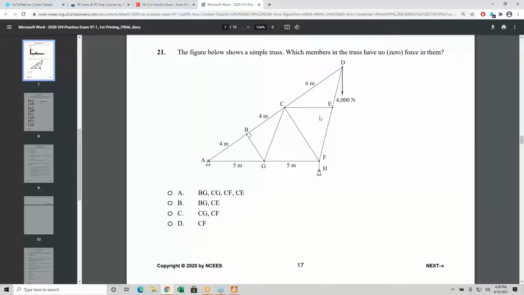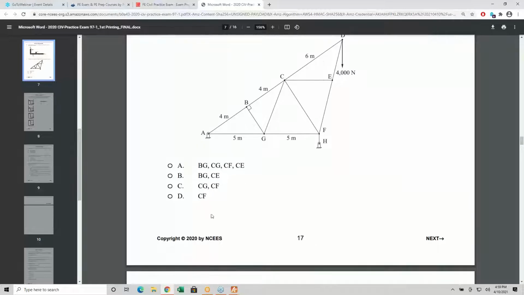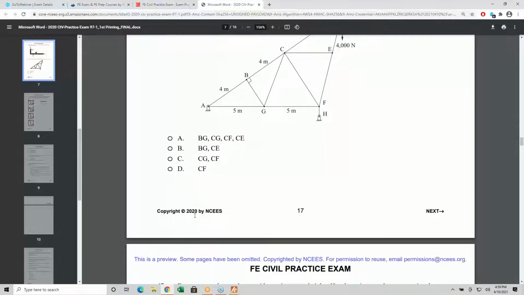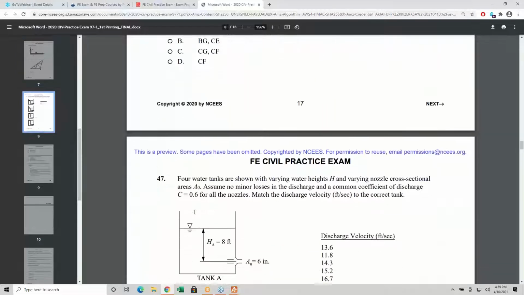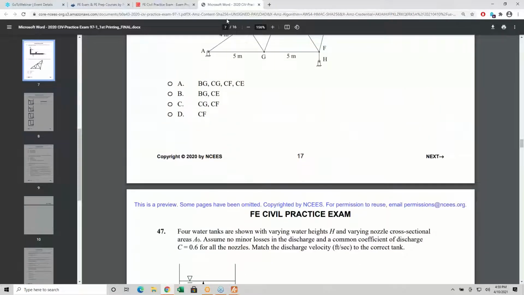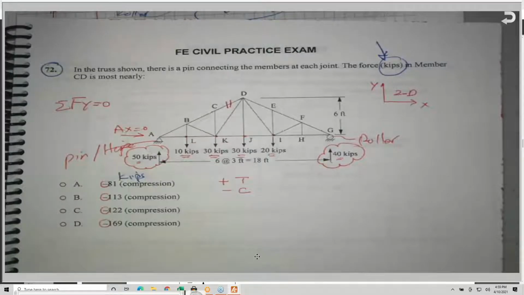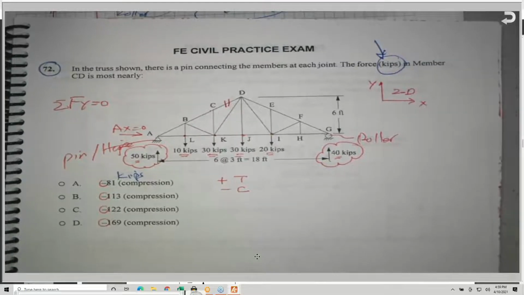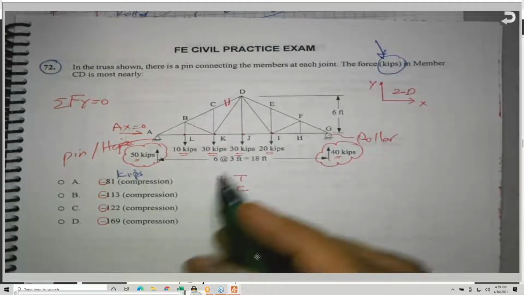I give you a truss, and they give you some members here. We have answers A, B, C and D. This is the one that came last year, July. This is a review material. He gave it to you, so try to do your best. If you can get it, order it. That will be a good idea.